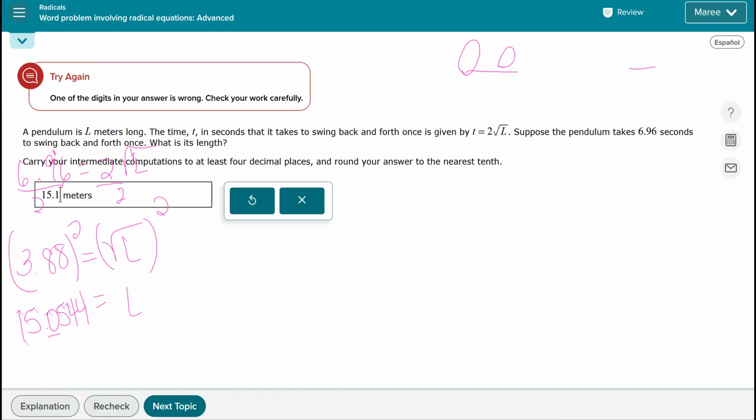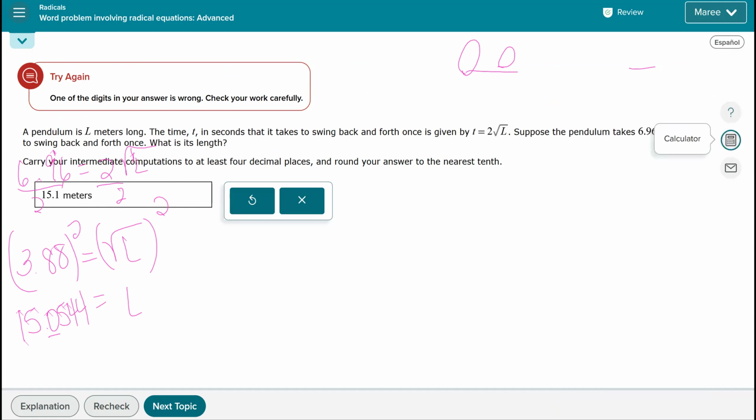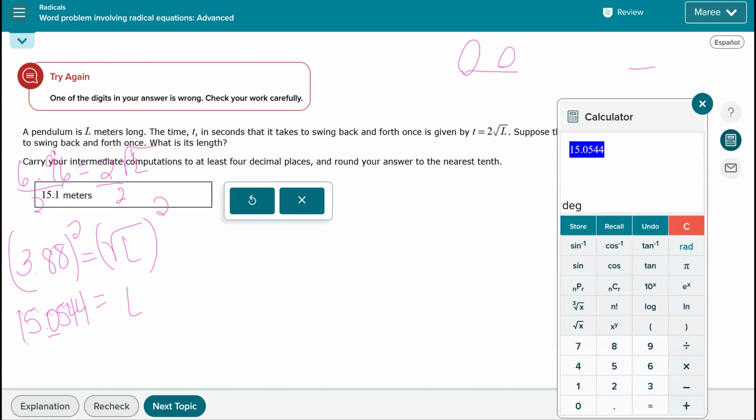Try again. One of the digits in your answer is wrong. Check your work carefully. So we're supposed to do, okay, let's divide. Maybe I didn't divide 6.96 correctly. Let's just do that really quick. 6.96 divided by 2, 3.48.